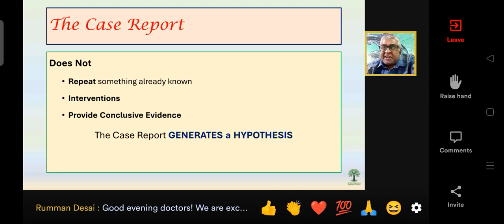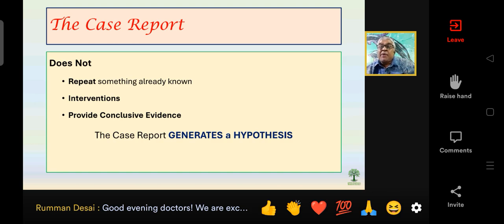It's a very rare condition, and very importantly, the case report does not provide conclusive evidence. It only generates a hypothesis. You're only able to say, in this particular person, I saw this finding, and this is a description of that finding. And I can speculate that this is why that is happening, and I'm generating a hypothesis for further study.